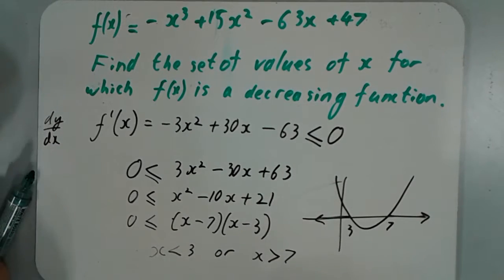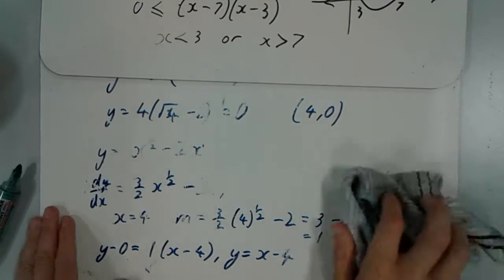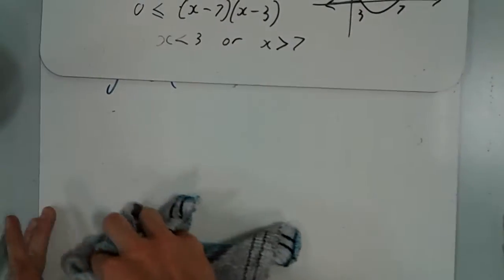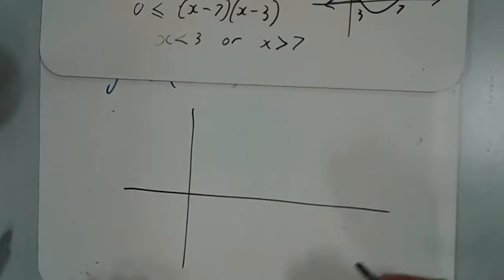Relating that back to the sketch of the cubic we were originally asked about, let's clear this from the previous videos. That tells us we can do a better sketch of our previous function.